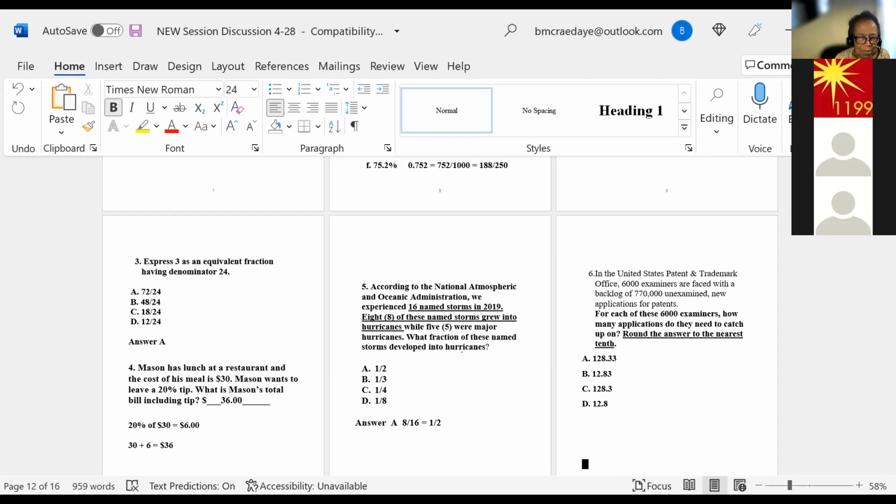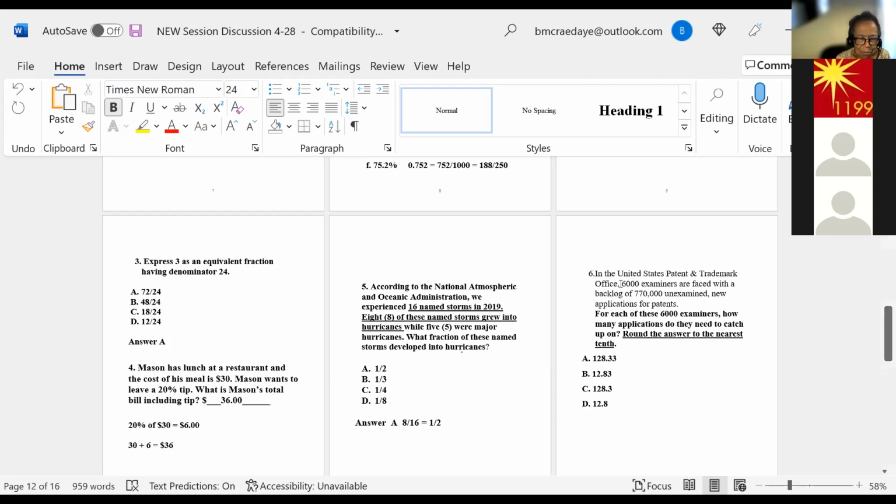For each of these 6,000 examiners, how many applications do they need to catch up on? Round the answer to the nearest tenth.